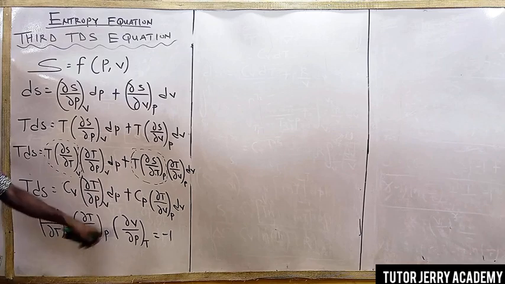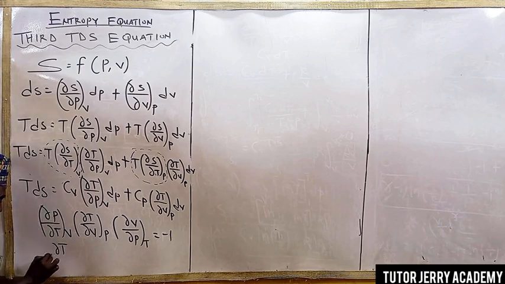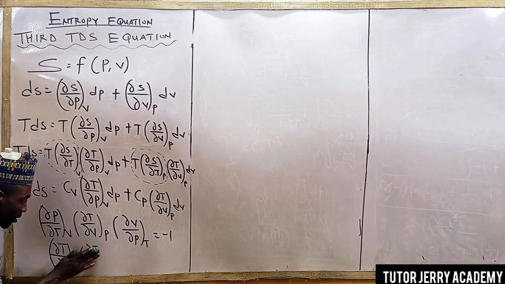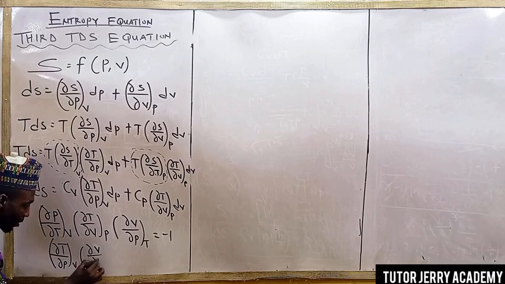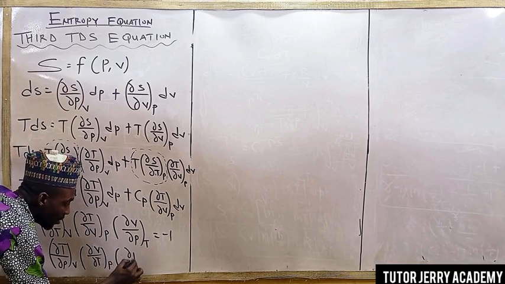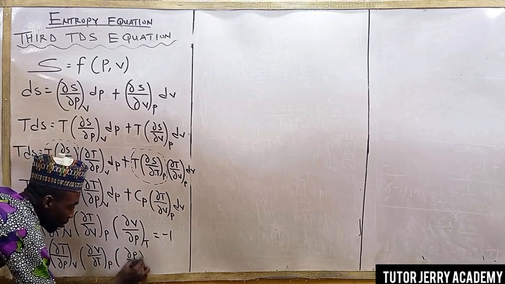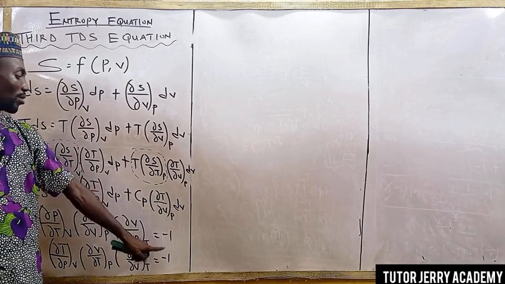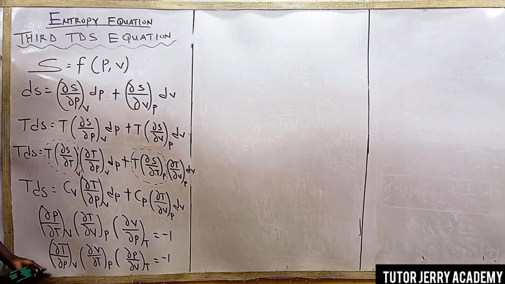We are going to have the partial derivative of T over the partial derivative of p, keeping v constant, times the partial derivative of v over the partial derivative of T, keeping p constant, times the partial derivative of p over the partial derivative of v, keeping T constant, also equals -1, because the inverse of -1 is still -1.